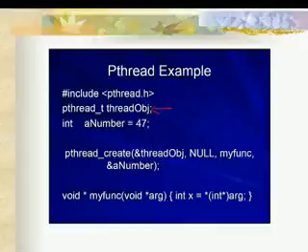The pthread_create function calls myfunc with a pointer to a number as the function argument. myfunc executes in parallel with the calling function. So, this is how to create and execute a C thread. The pthread_create function is the main way of creating a C thread in the C programming language.